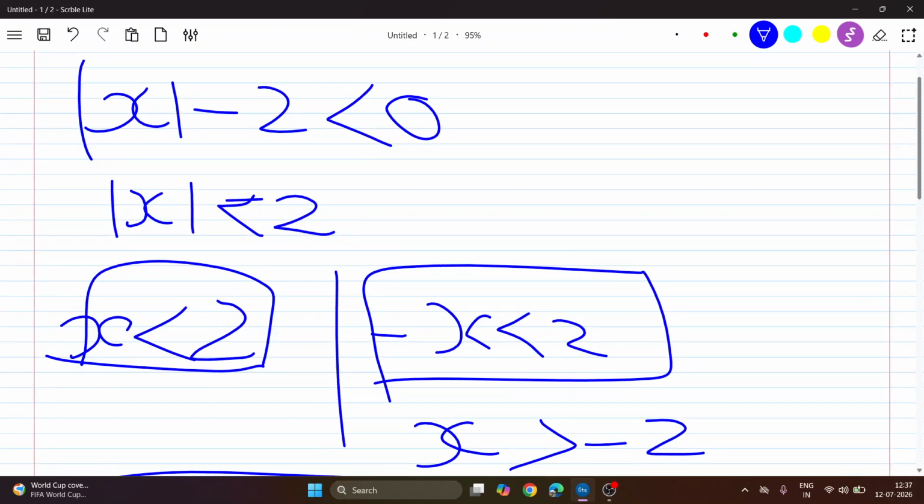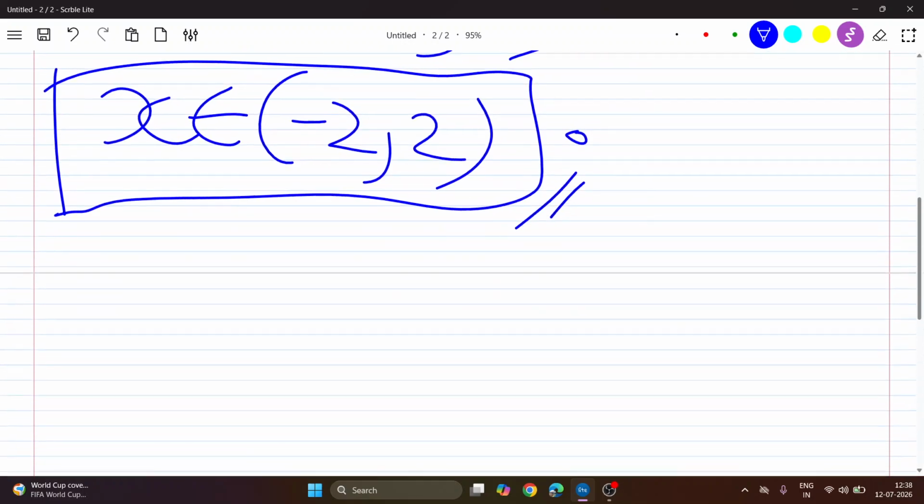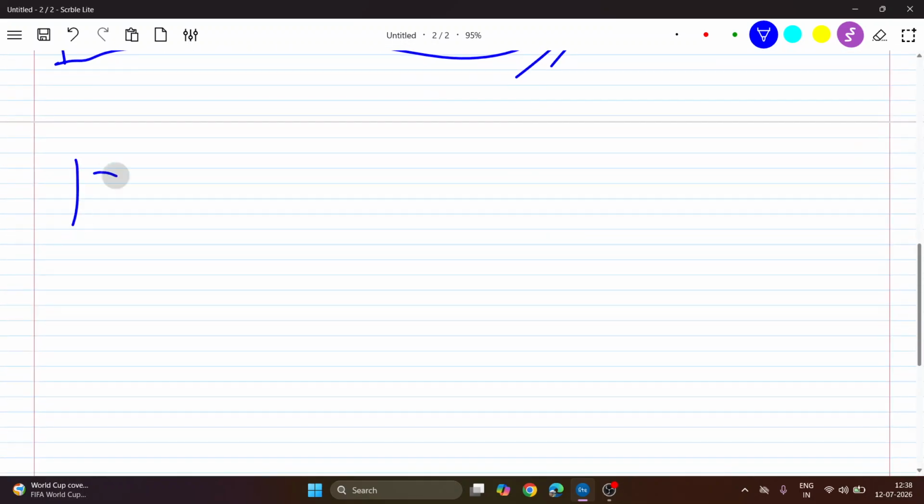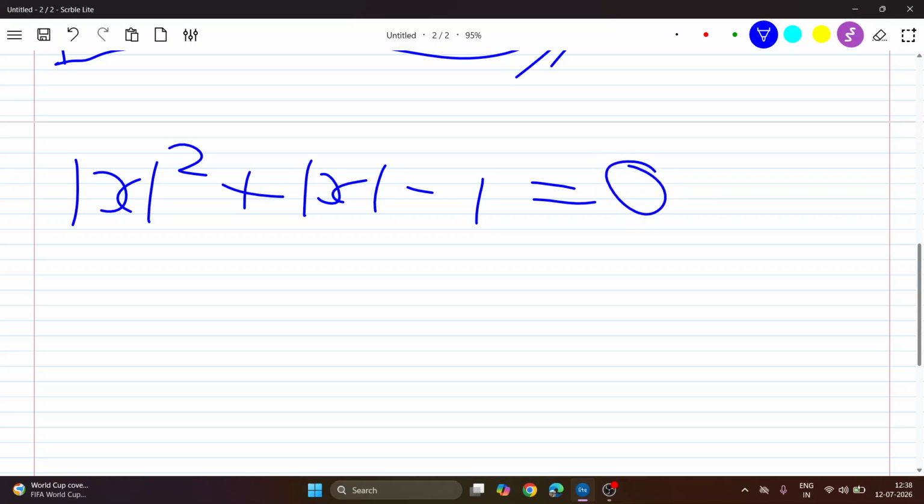So the mod value of x must be less than 2. So that's what I'm trying to say, okay? Now you just do exactly like a quadratic equation. You'll get the value of x, okay? I mean mod x.